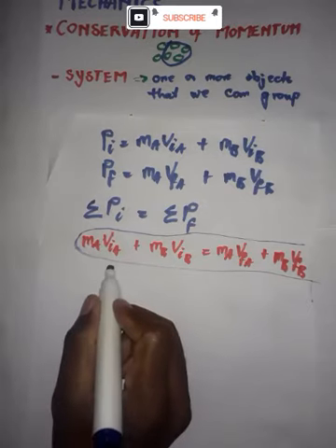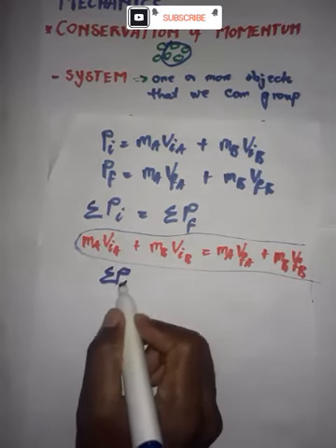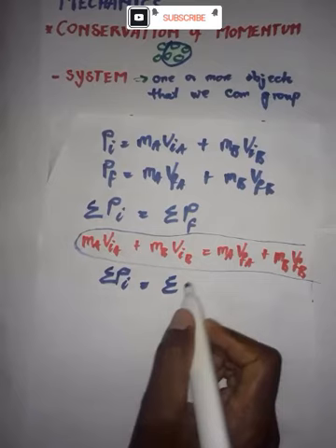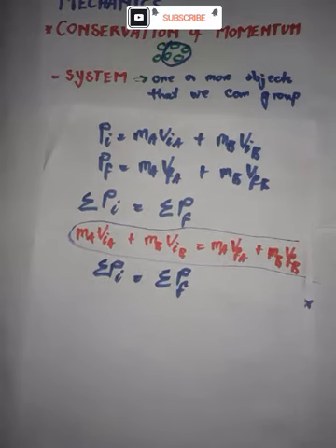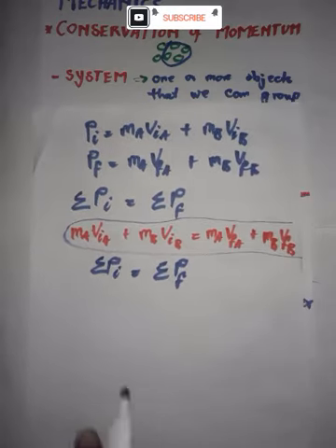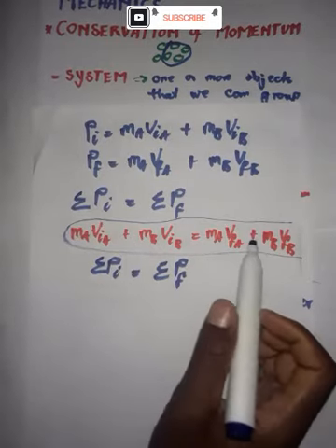We're saying that the sum of momentum initial is equal to the sum of momentum final. Why? Because we stated that in an isolated system, the total linear momentum is conserved, meaning the momentum initial is equal to the momentum final.